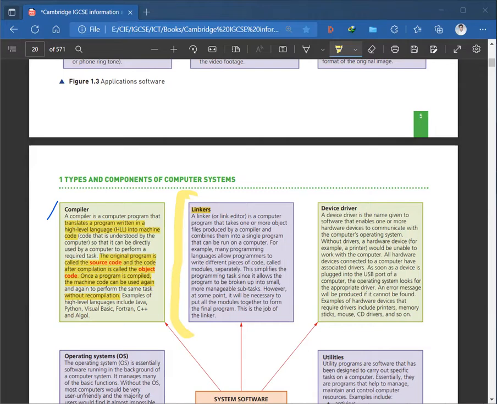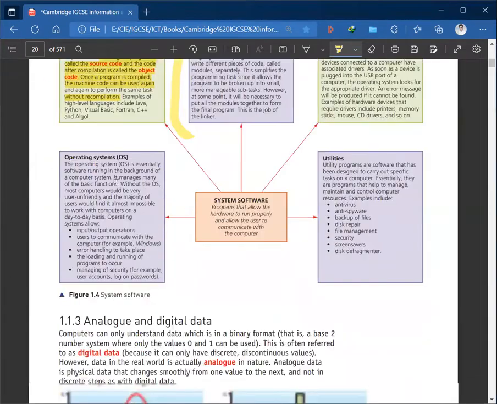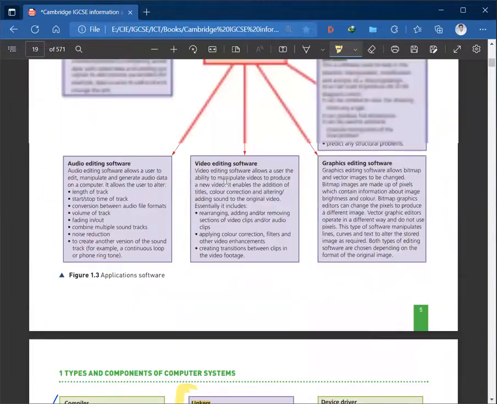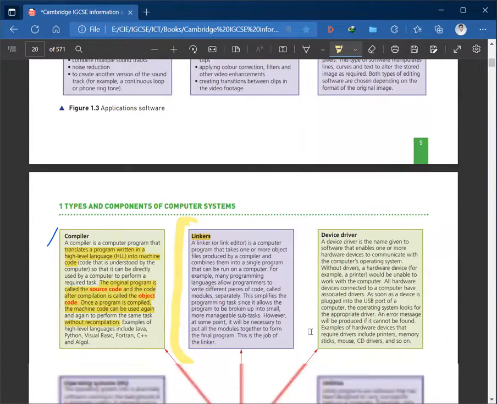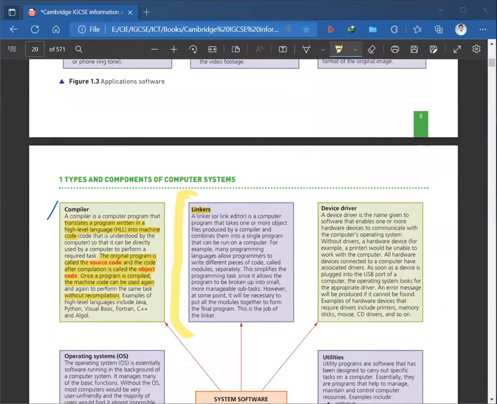Now, let's start here. The first thing first: types of software. Software is of 2 types. How many types? Write it in your notebook. Get your notebook ready.